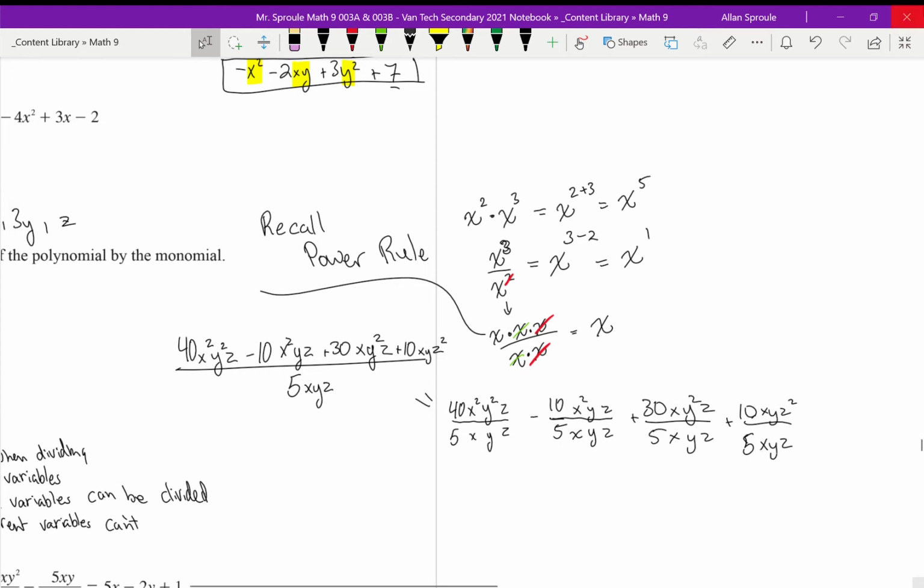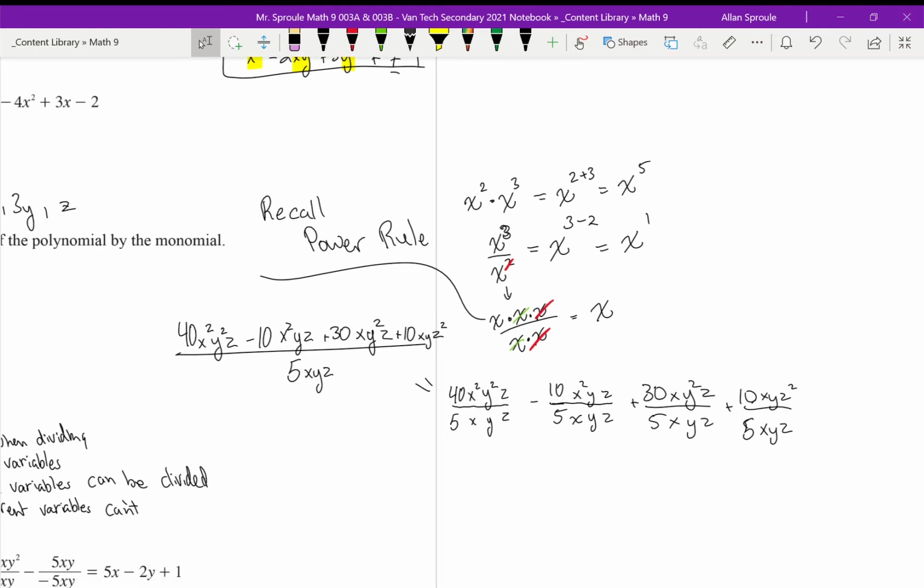Okay, so I'm showing you this to demonstrate a much more complicated one so that you can see where we can use our tools. So my first step, I've split it up. So I basically split this up into 4 different divisions rather than dealing with it all at once. There's nothing I can combine.